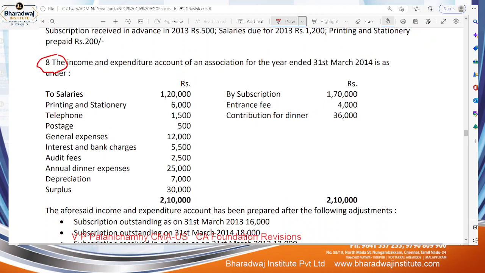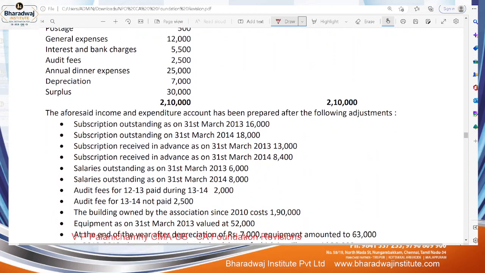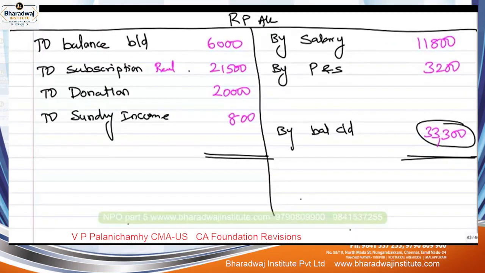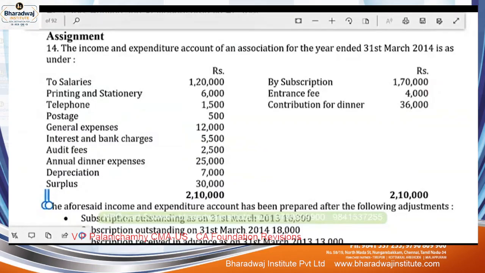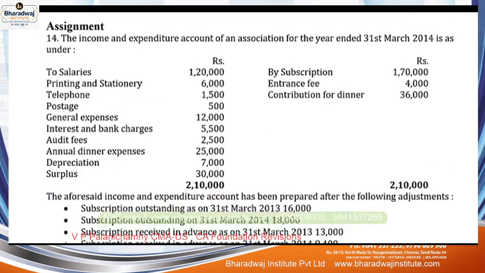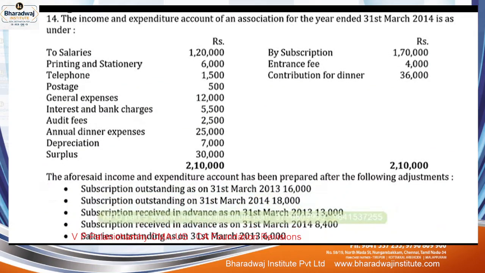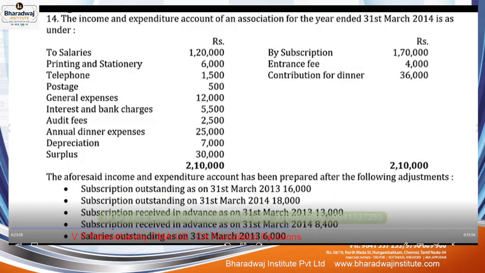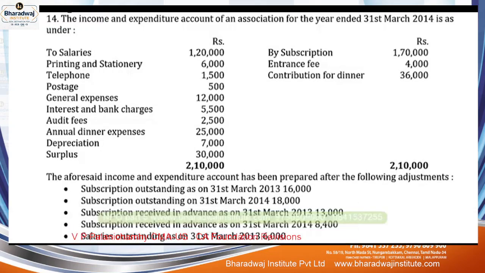So try to solve this question number 8. Go through this problem. Income and expenditure account of an association is given on 31st March 2014.